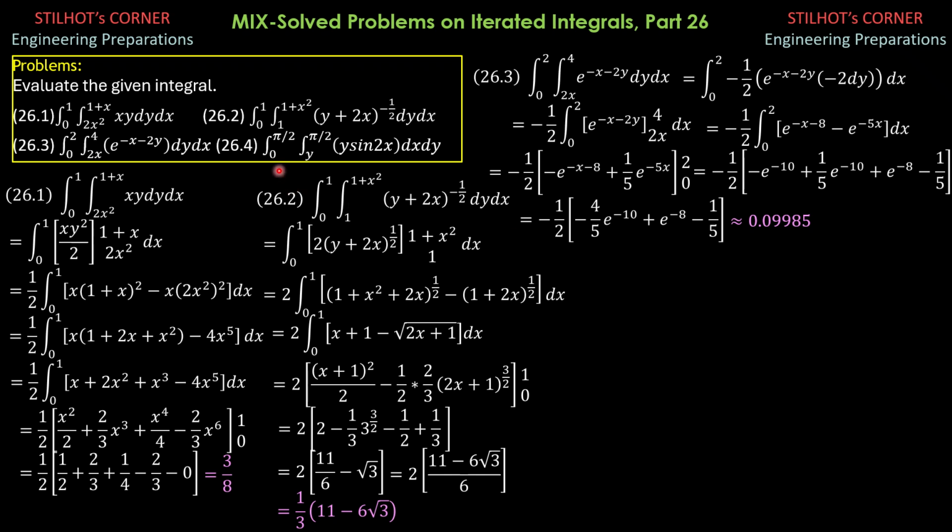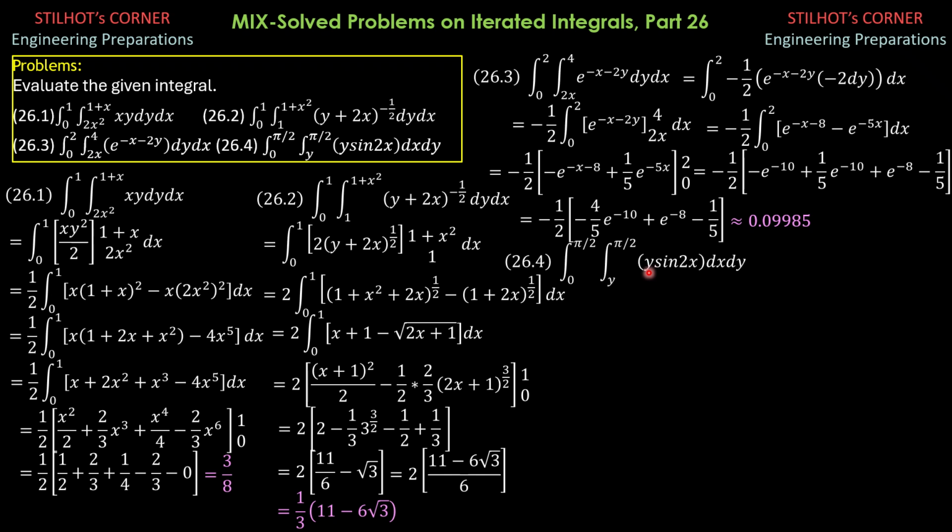Then lastly, 26.4: the integral from 0 to pi over 2, y to pi over 2 of y sine 2x dx dy. So we evaluate first in terms of x. Imagine x is the variable, y is constant.